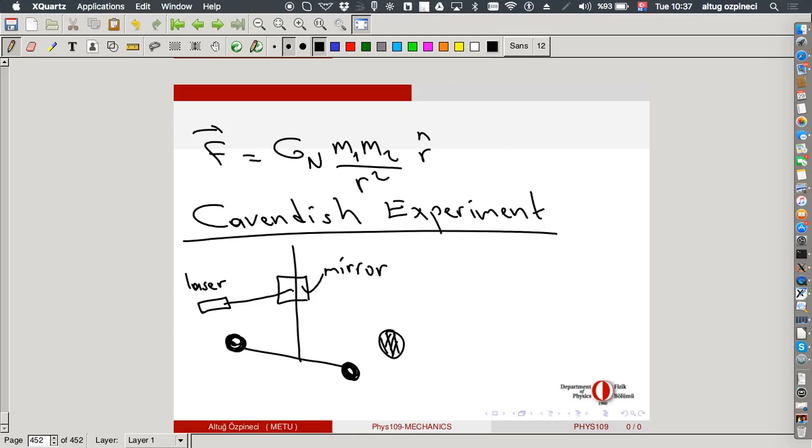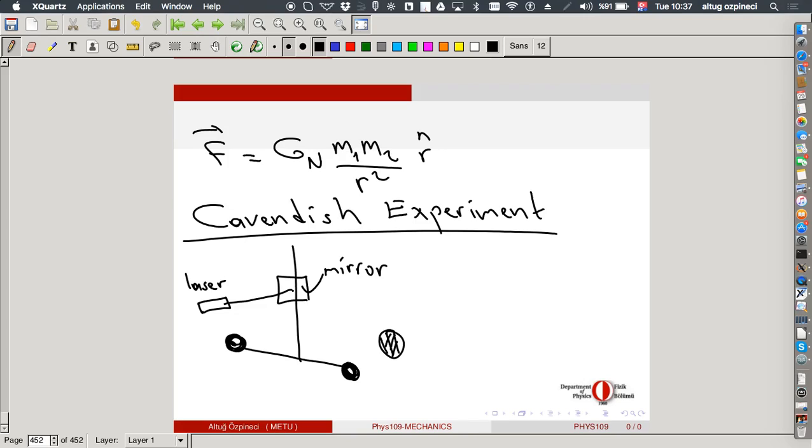Now, one problem of measuring gravity was this. We are saying that, okay, the gravitational force has this 1 over r squared behavior, but until, I think, 2003 or 2004, we could only verify this 1 over r squared behavior for distances as small as 1 millimeter. For smaller distances, we didn't have any measurement.